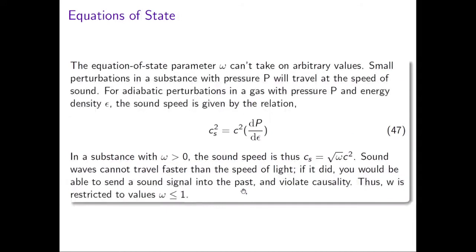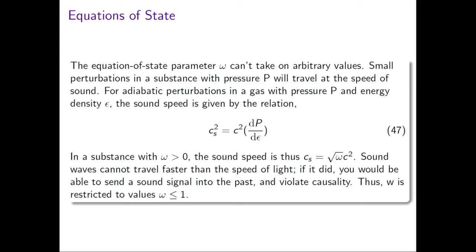Omega is exactly equal to 1 by 3 only if the gas particles are relativistic. In the case of non-relativistic particles, where the velocity of particles is very much less than the velocity of light, the value of omega is less than 1 by 3.